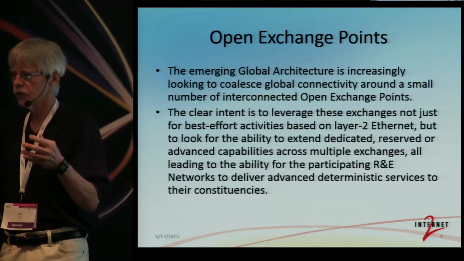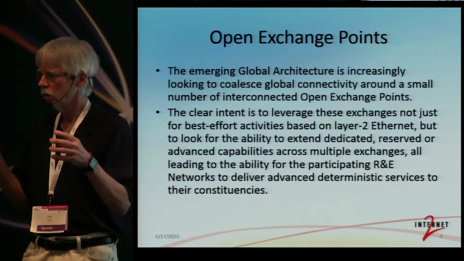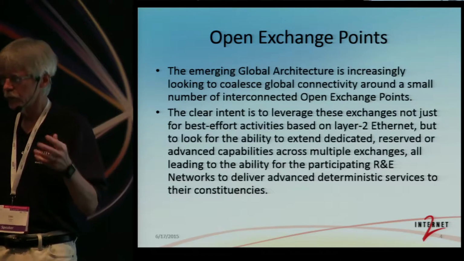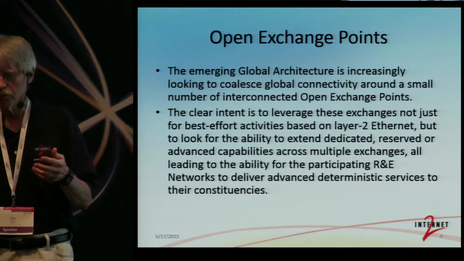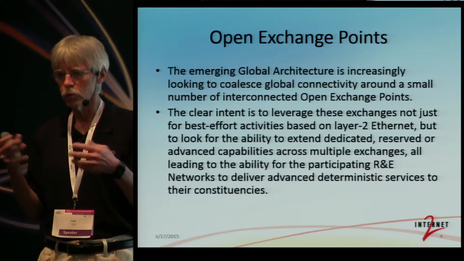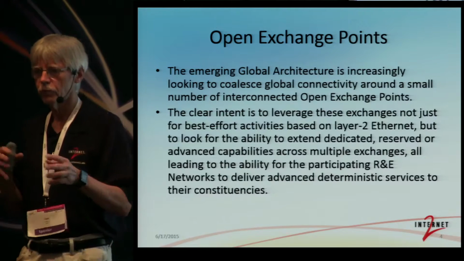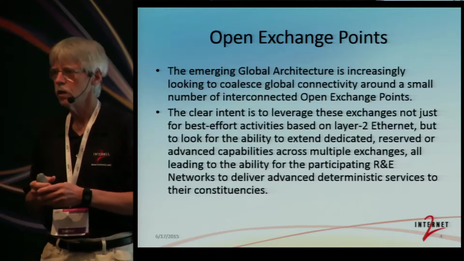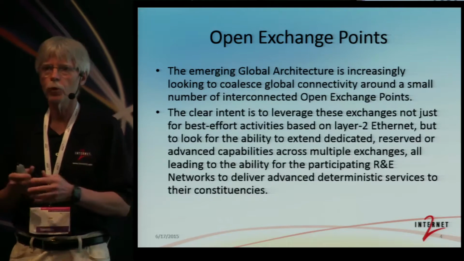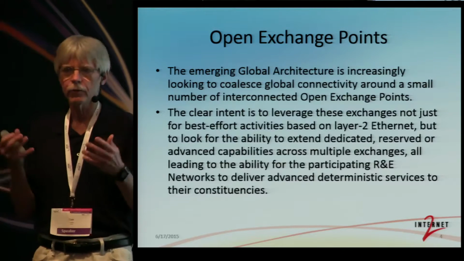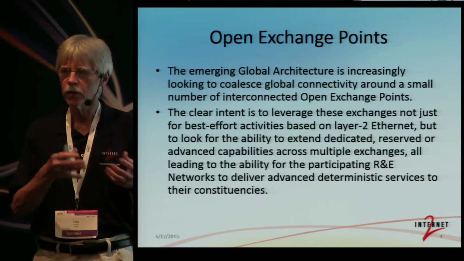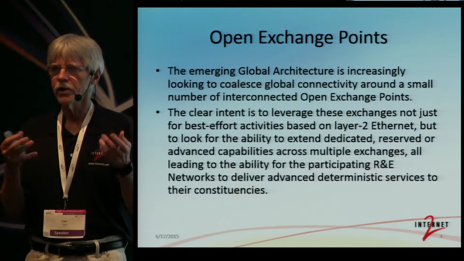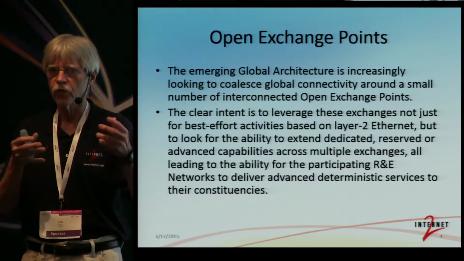This architecture tends to coalesce around what we call exchange points or open exchange points. These are facilities that typically are operated at layer 2 or some variation of that. They're essentially meet points where aggregation can take place, and then you can bring higher capacity circuits out to other exchange points.